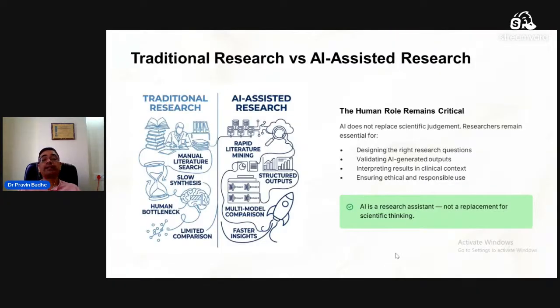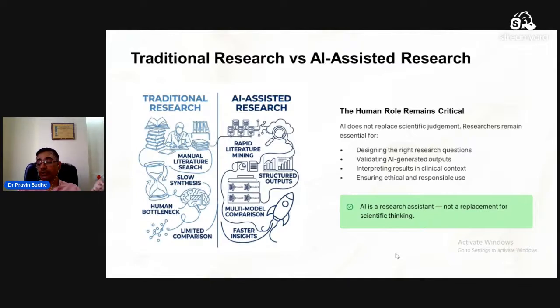So when we look at traditional research versus AI-assisted drug discovery, before, I completed my undergraduate bachelor of pharmacy degree in 2004, and 2005-6 I was working. At that time we used to look at the literature in journals which were published and were there in the library.